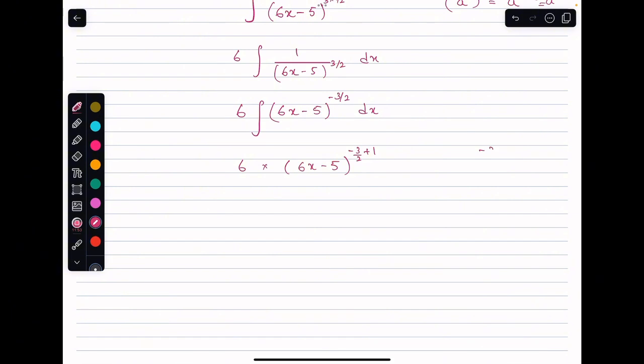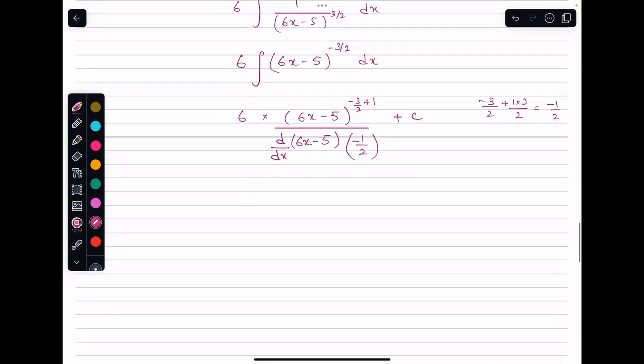Negative 3 by 2 plus 1 gives me a negative 1 by 2. So I shall say it should get divided by the differential function of 6x minus 5, which is basically a 6, and then it should be n plus 1, which is giving me a negative 1 by 2, and then I should be having a plus c here.